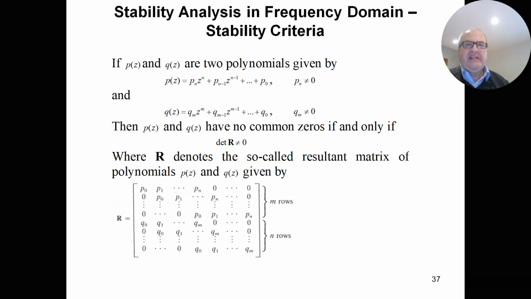You have the coefficients of the polynomials, P0, P1, etc., Pn, and you check if this matrix is invertible. You must not have this determinant equal to 0.